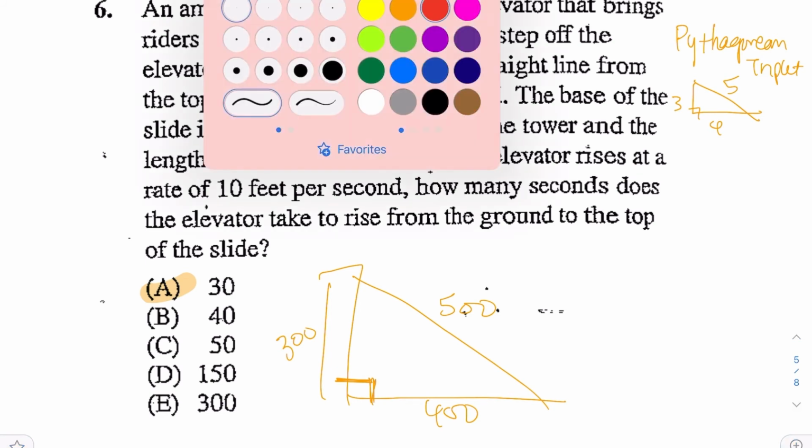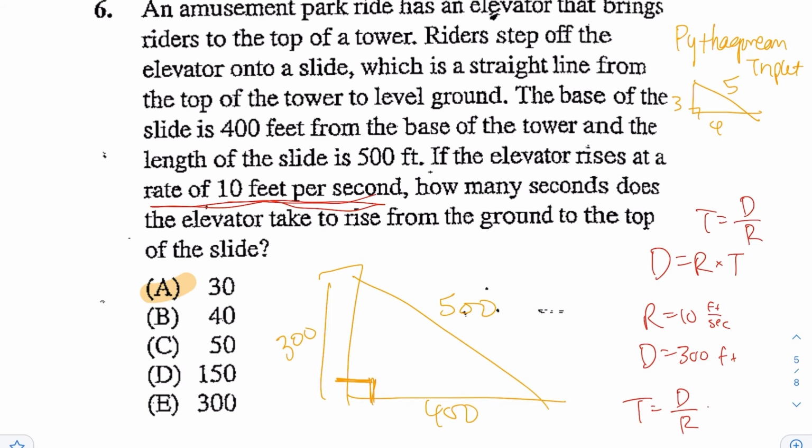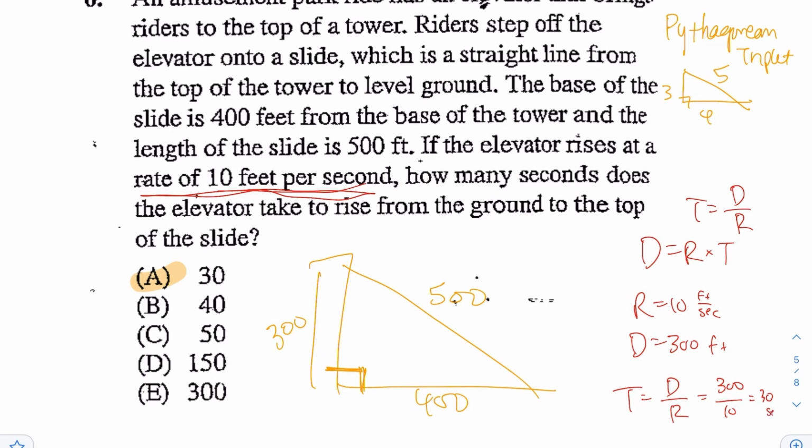But then it turns into a distance equals rate times time question, because you have a rate of 10 feet per second, and the distance is 300 feet. So the time is going to be distance divided by rate, because time is distance over rate, and that's 300 divided by 10, or 30 seconds. And that's choice A.